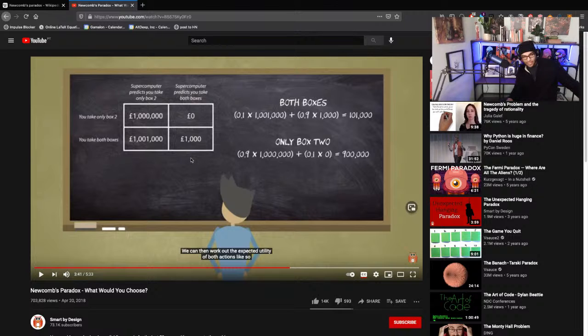It feels like something's missing here. So the probability I'm using to multiply this out is a probability from the prediction. Okay.